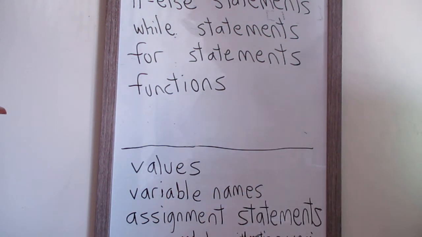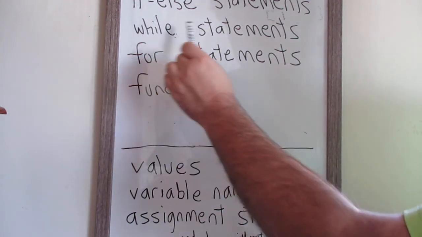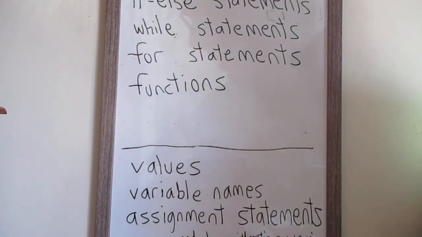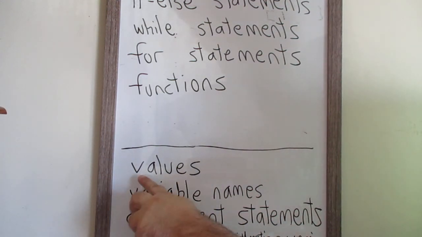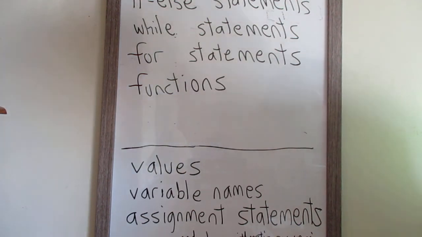And once you're comfortable with that, then you will go on to learn if-else statements, while statements, for statements, and functions. We've had some practice today with values, variable names, and assignment statements, and a little bit about arithmetic expressions. We will go on to the next lesson in a little bit.